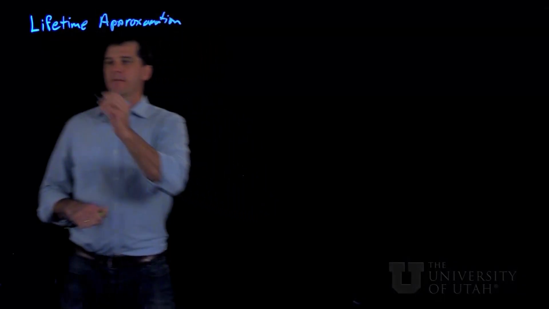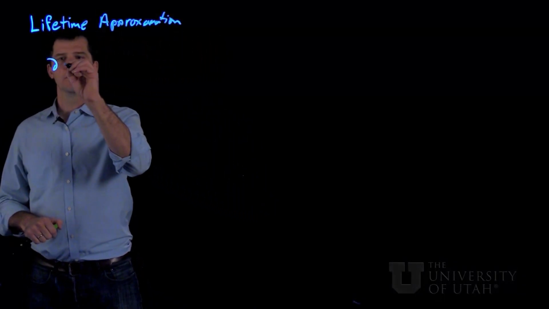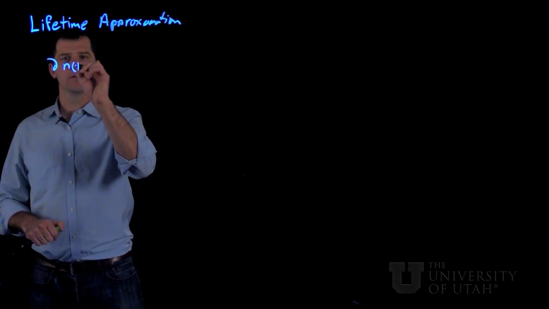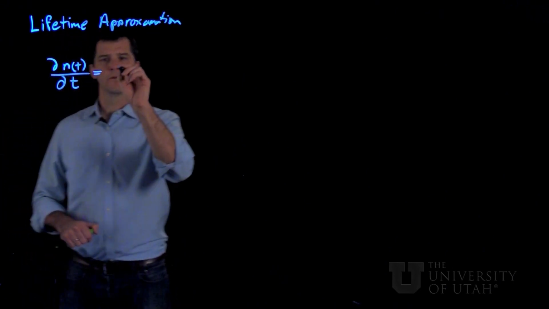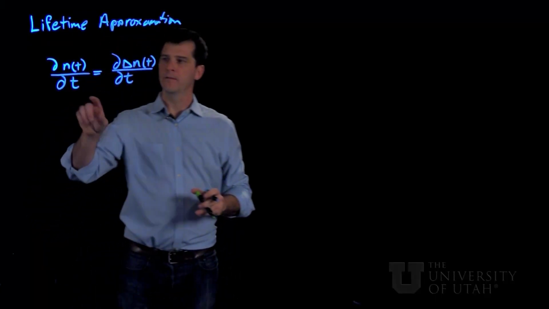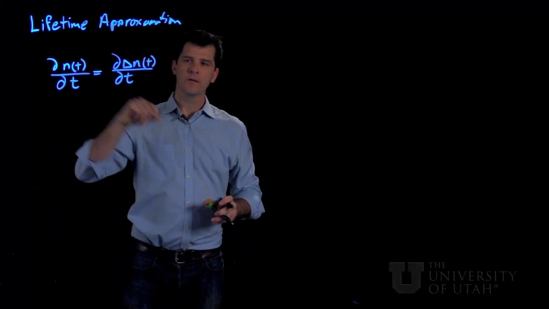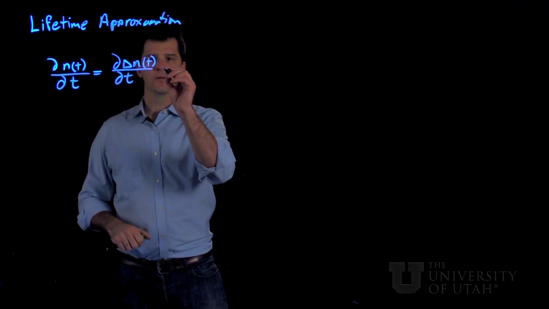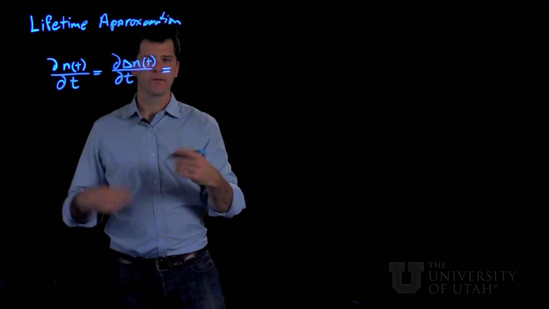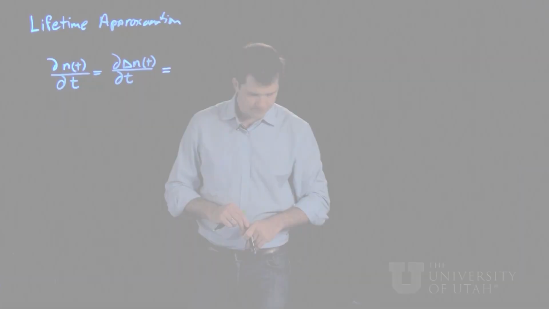We want to be able to write a differential equation for how the carrier concentration returns to its equilibrium state. Remember our definition that n naught is constant, so we can absorb all of the time dependence inside the excess carrier concentration.